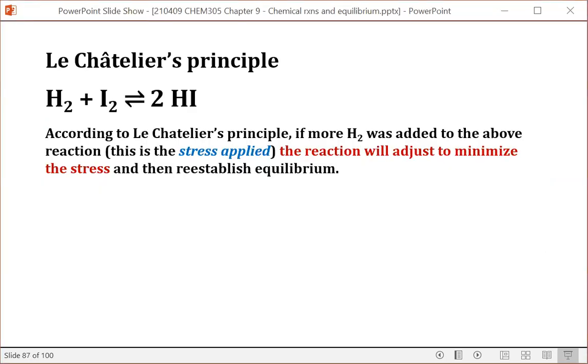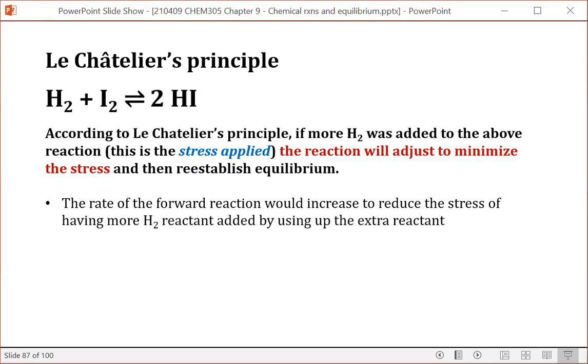So for example, in this reaction between hydrogen gas and iodine gas, H2 plus I2 makes hydrogen iodide, HI. According to Le Chatelier's principle, if we add more H2 to the system, this is the stress applied, the reaction is going to adjust to minimize the stress and then reestablish equilibrium.